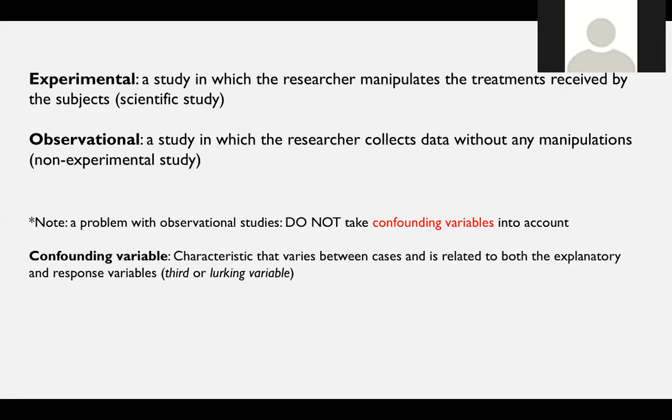So sometimes researchers don't take them into account in observational studies, such as the age of participants, or factors such as weight and height, that can get in the way of the results and may skew them. So just be on the lookout for those and understand that observational studies don't take them into account.